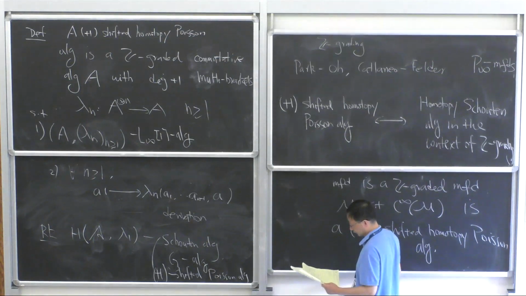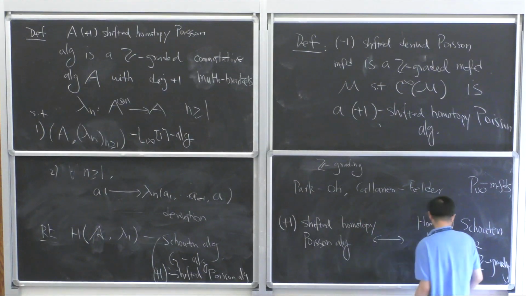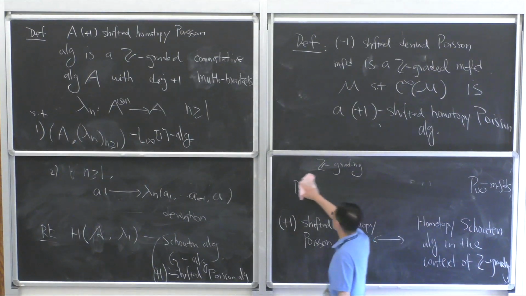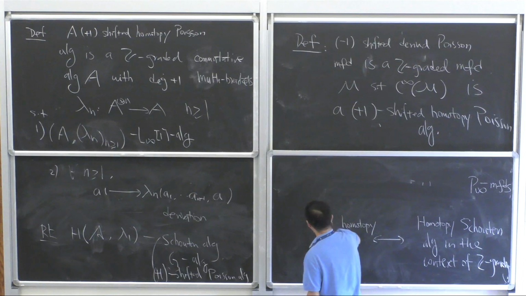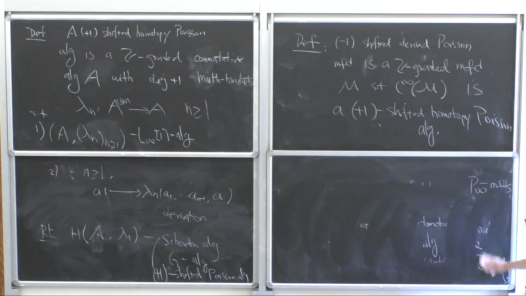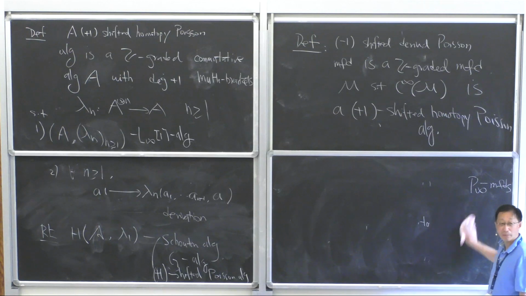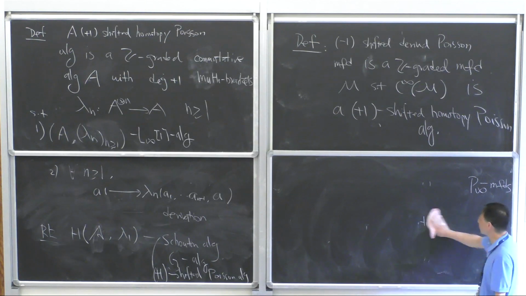Also, if you remember usual Poisson geometry, there are a lot of equivalent definitions. One definition is a smooth manifold whose algebra is a Poisson algebra. That's the first definition. The second definition uses a bivector field, with the Schouten bracket equal to 0.